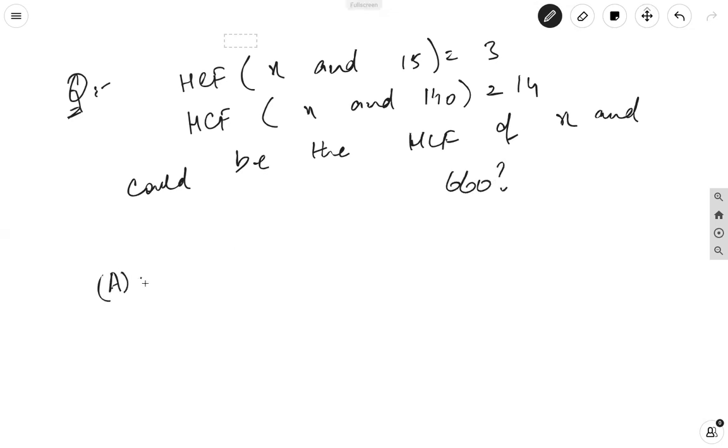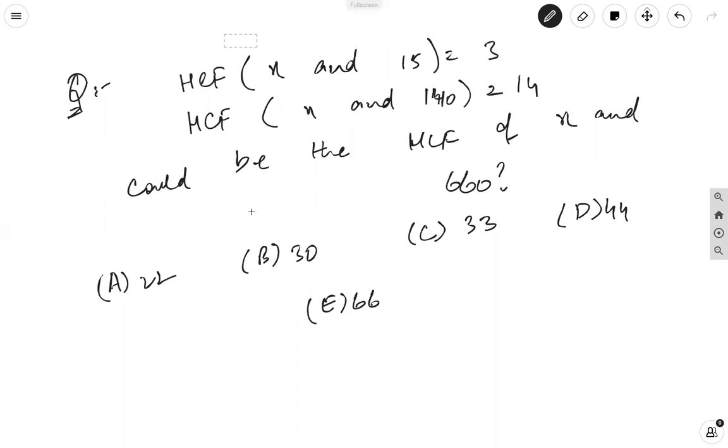The options are A is 22, B is 30, C is 33, D is 44, and E is 66. I repeat the question. The HCF of x and 15 is 3. The HCF of x and 140 is 14. And which of the following could be the HCF of x and 660? Just solve this question now.